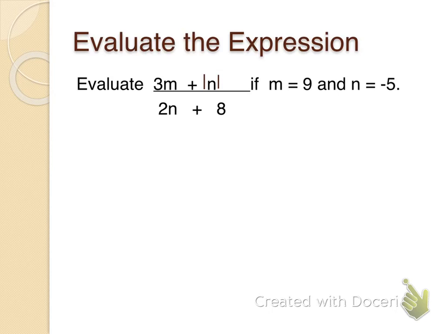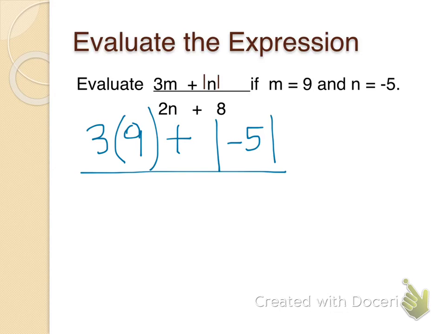So we can evaluate expressions using absolute value. So for this one, we have 3m plus the absolute value of n, divided by 2n plus 8. They tell me m is 9 and n is -5. So substituting in, 3 times m is 9, plus the absolute value of n is -5, over 2 times -5 plus 8.